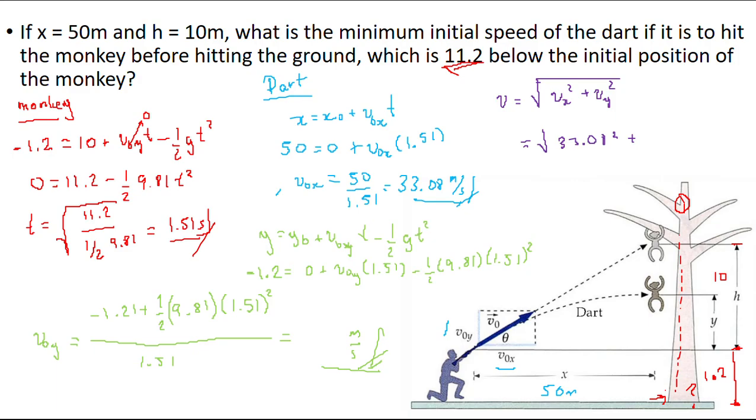This one is 6.61. Sorry for that. Yeah, that makes sense. Plus 6.61 squared, and this thing is gonna be 33.73 meters per second.